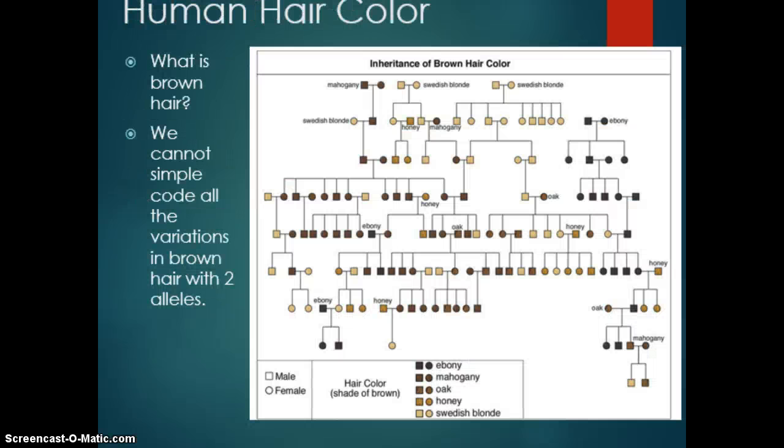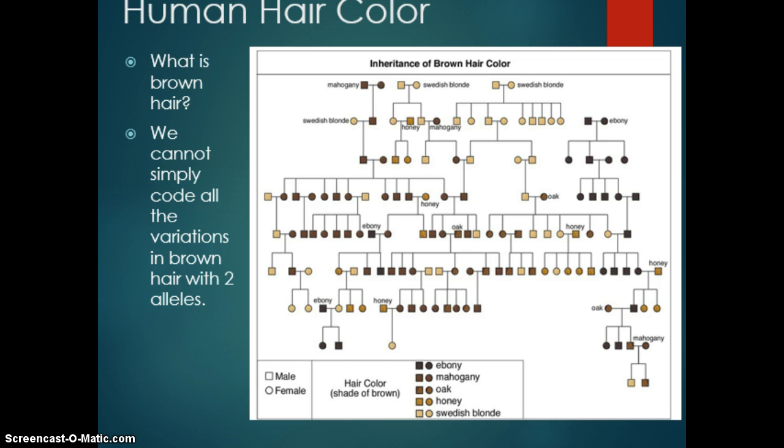So when we look at human hair color, what is brown? If you say someone has brown hair, does that really give you an idea of what color their hair is? Not really. So we cannot simply code all of the variations for brown hair in just two different alleles. This is the inheritance of brown hair color, and look at all the different shades of hair color. So that's what multiple alleles is.